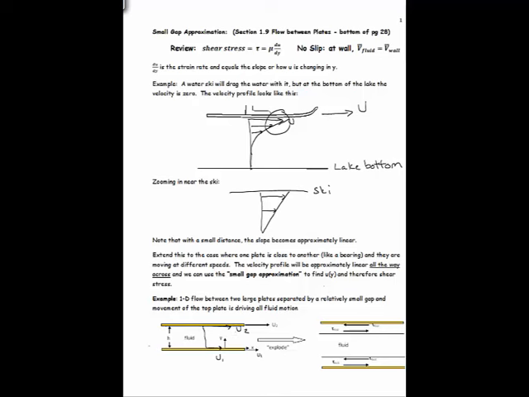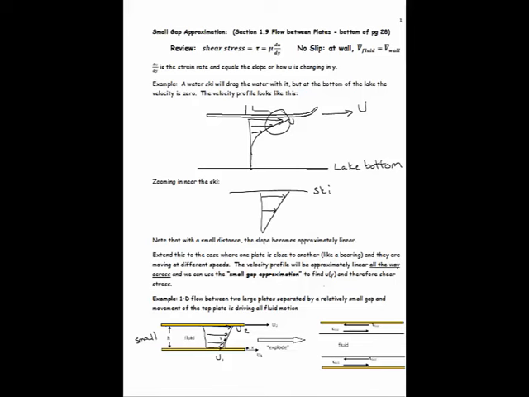In between, since this is a small gap compared to the size of the plates, all you can get is a linear profile. If you have some kind of bearing or something like that, where you have two plates moving at different speeds, or one might be stationary, and there's a fluid between them, in that case you can probably assume a small gap approximation and therefore a linear velocity profile.